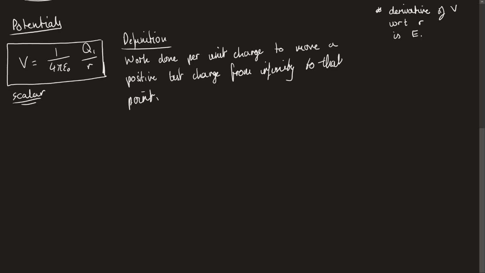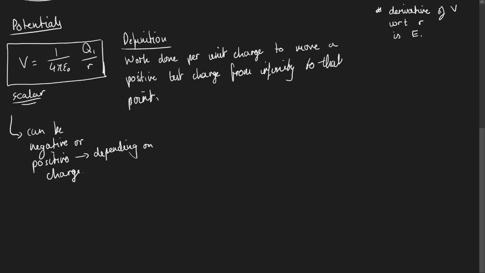In this case, we don't actually have that always being negative. It can be negative or positive depending on what the charge is. So even though it is scalar, it can be negative or positive depending on the charge.